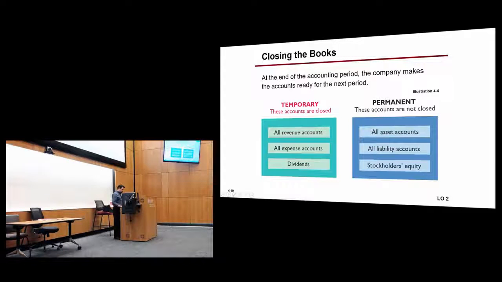Now, companies at the end of every year, usually, companies, they close the books. What do we mean by closing the books? They actually, basically they want to turn a new leaf, okay?